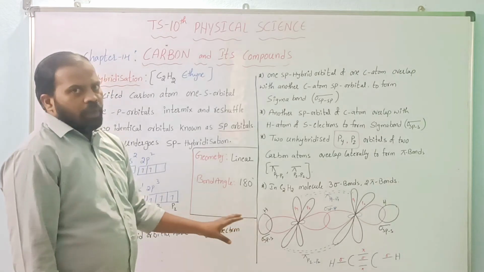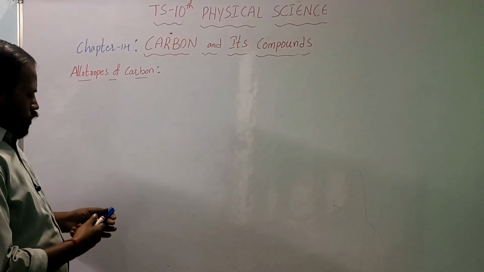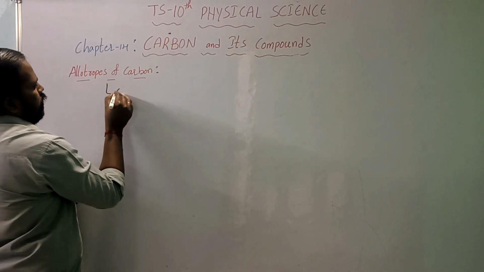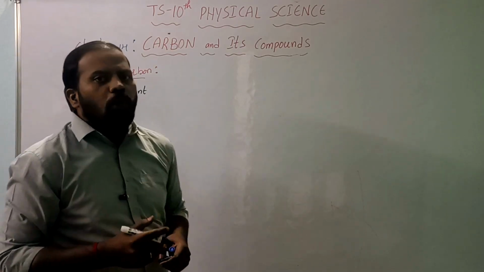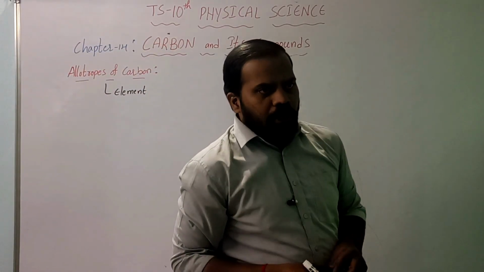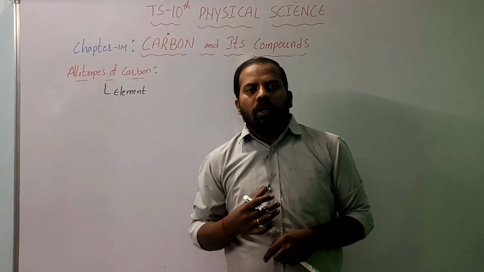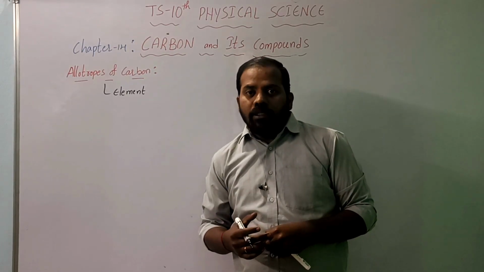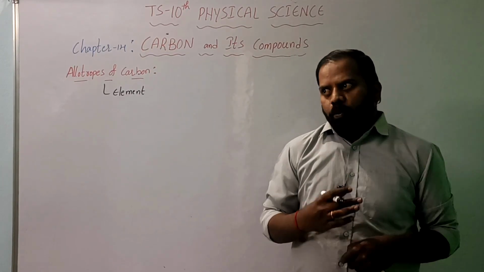Please make a note. Allotropes of carbon. What do allotropes of carbon mean? An element exists in two or more physical forms. We are studying carbon, so carbon can exist in 2 or more physical forms, having the same chemical properties but different physical properties.